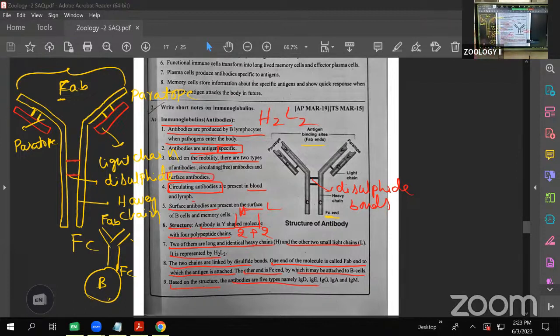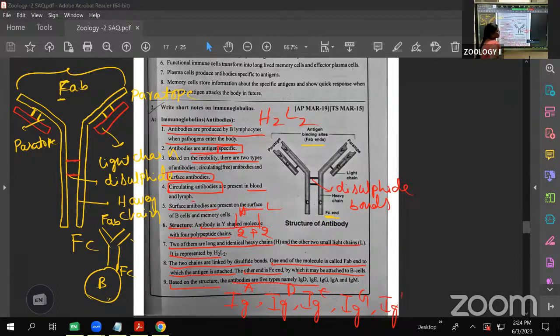Next, based on the structure, antibodies are mainly of five types. Simply alphabetically, Ig, every time we write Ig: IgA is one type of antibody. Next, IgD, IgE, IgG, and IgM.